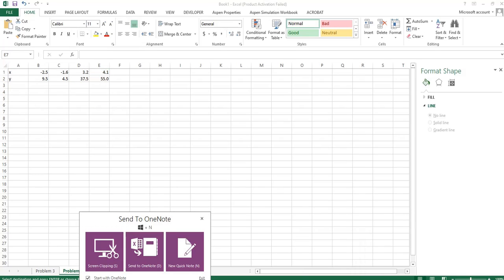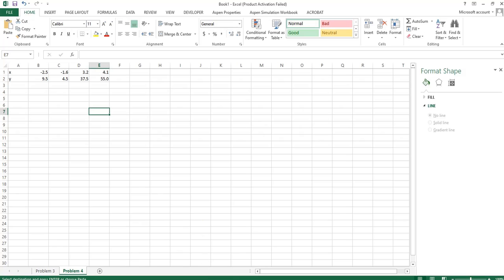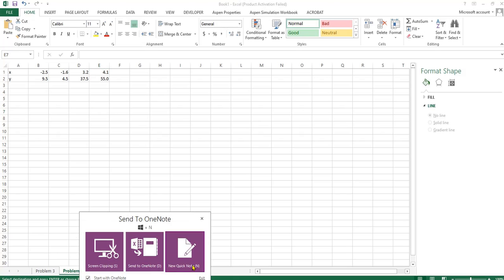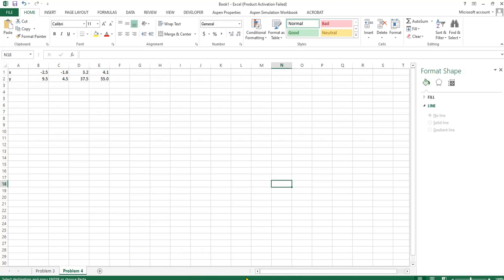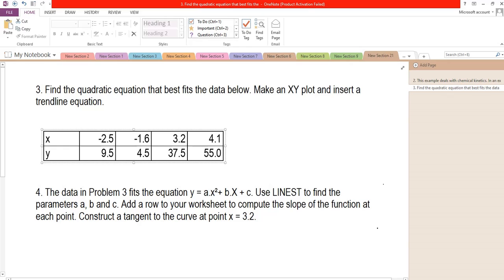Now to use LINEST, using LINEST to find the parameters a, b, and c.